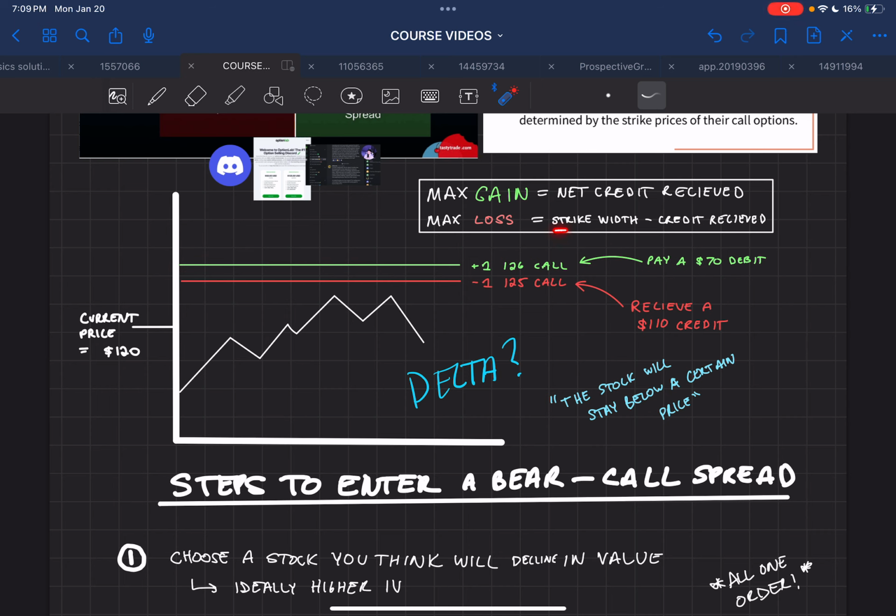So in this case, we're going to take the strike width, which is $1. And in this case, really, we can think of this in a multiple of 100. So $100 minus the credit received. So the credit received is going to be 110 minus 70.